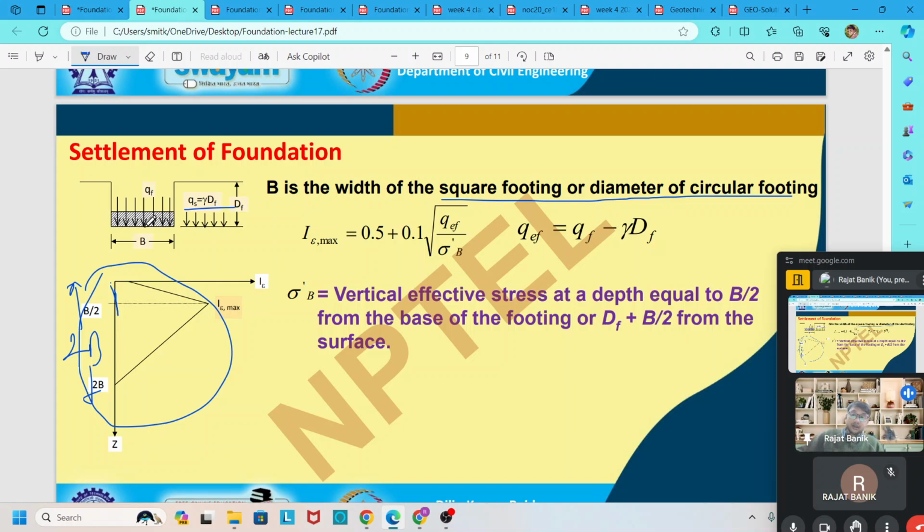Remember, this diagram is drawn below the foundation level. For square and circular footing, this maximum we will get at a depth of B by 2 from the foundation level. And a similar procedure applies to finding out the elastic settlement.